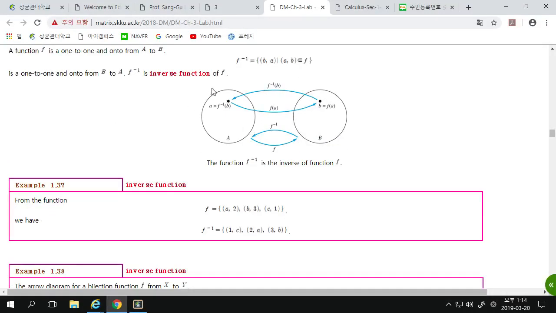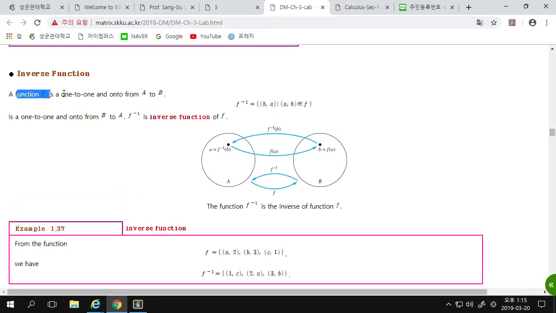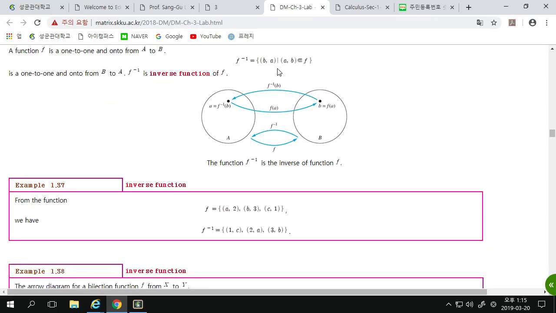Inverse function, you must have learned it. If a function is one-to-one and onto from A to B, then there exists a one-to-one and onto function from B to A, which is called F inverse. This is an inverse function. It can be defined as the set of pairs (b, a) where (a, b) is in F, and that set is called F inverse.